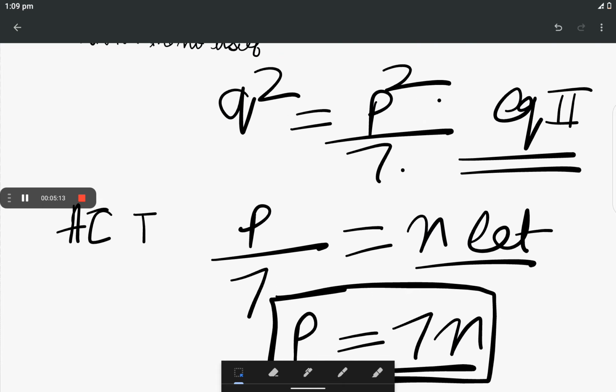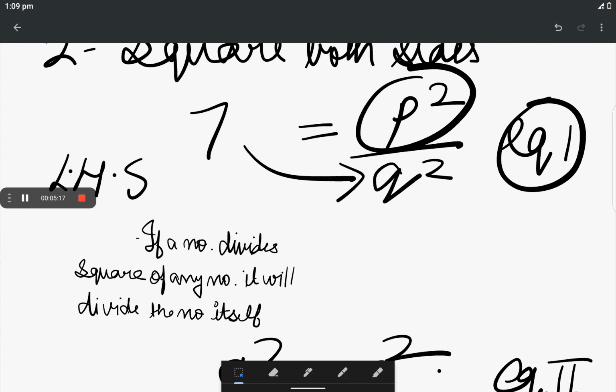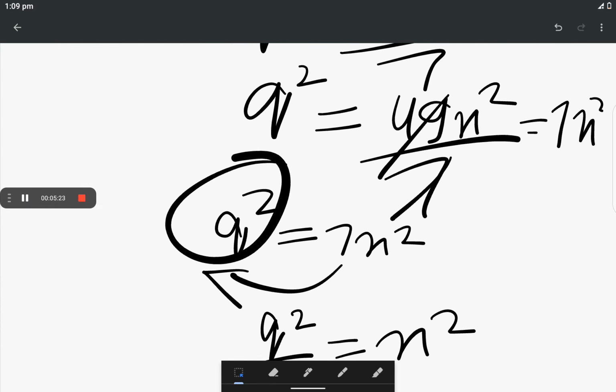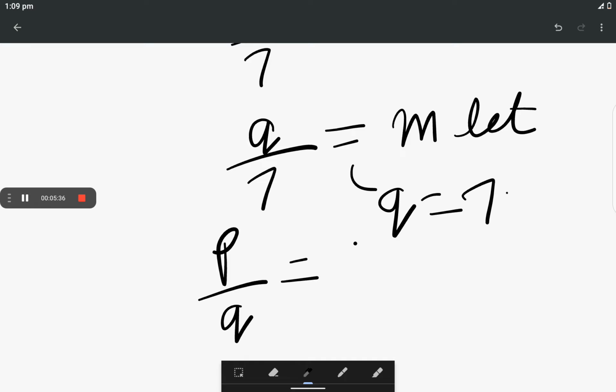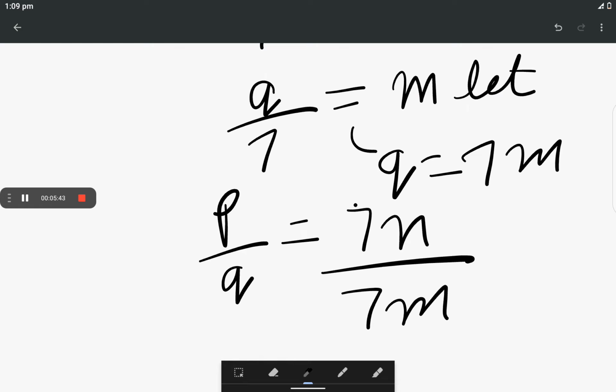Now we would put the values of P and Q in the equation 1. What was the equation 1? P upon Q. So therefore, P upon Q is equal to 7n upon 7m.